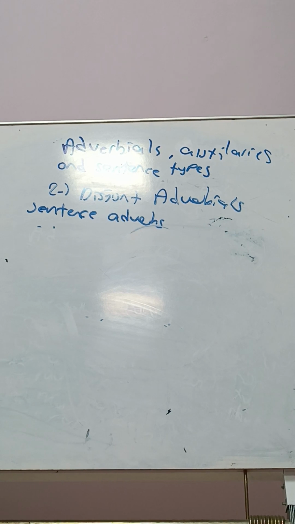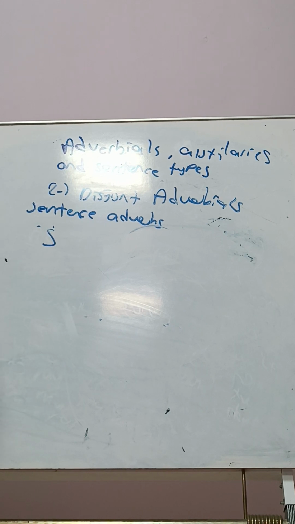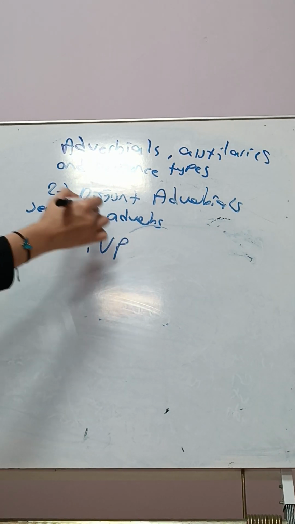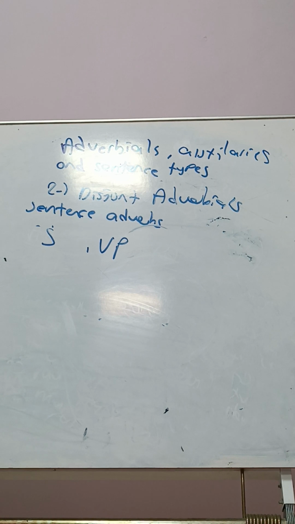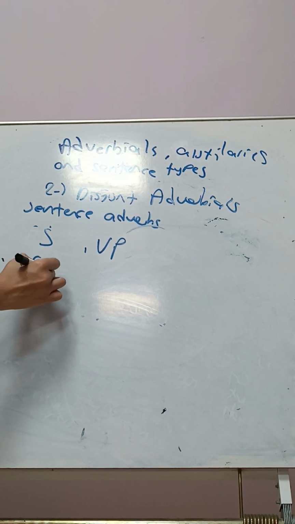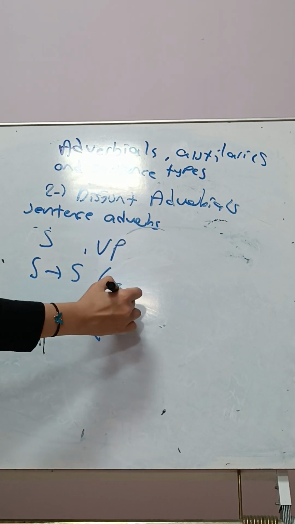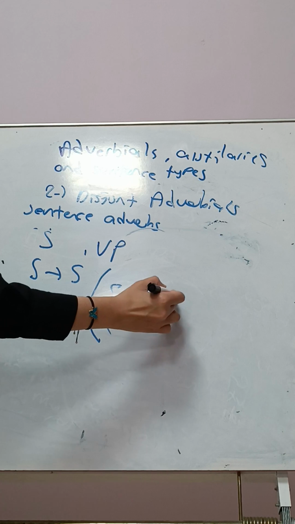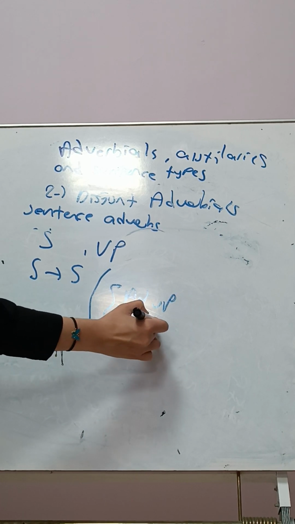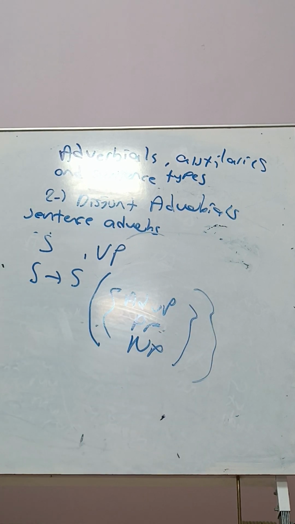Unlike adjunct adverbials, disjunct adverbials modify the entire sentence, not just the verb. So they are generated by the phrase structure rules like that here. Look at it. And the other one is here.